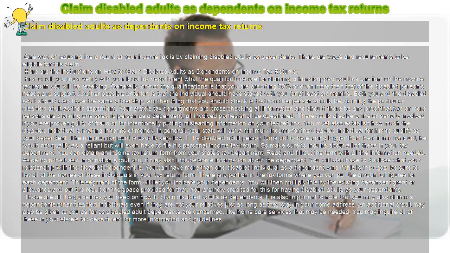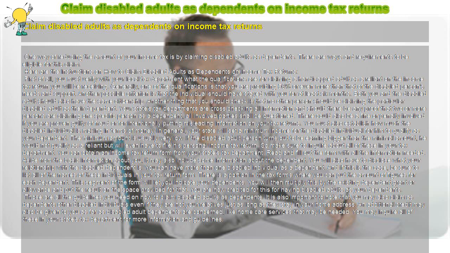First of all, you must verify with your local tax department what the qualifications are for claiming a handicapped adult as a dependent on the income tax return you will be receiving.